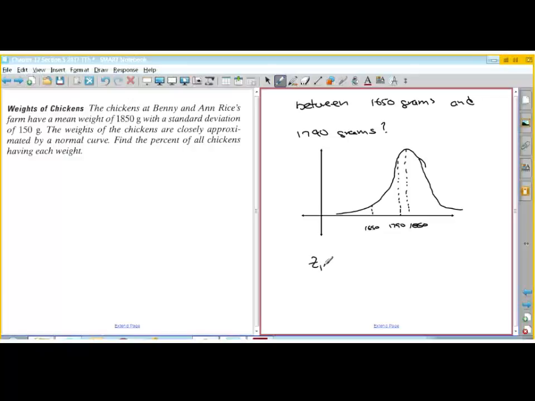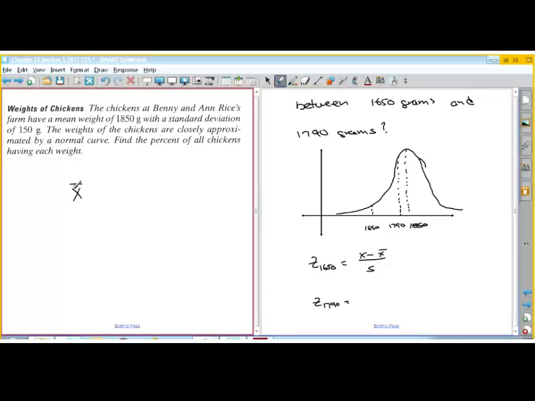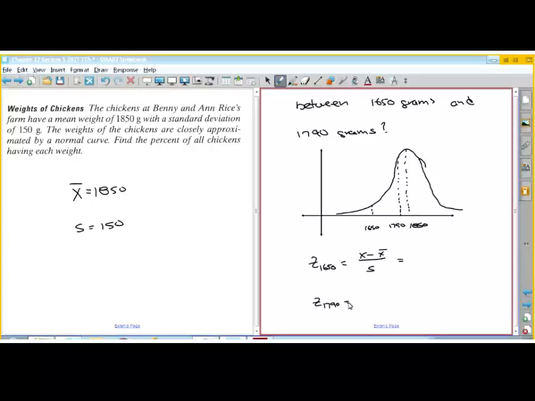So we're going to calculate the z-score associated with 1,650, and we're going to calculate the z-score associated with 1,790. And remember, that's going to be x minus the mean divided by the standard deviation. In this particular case, the mean is 1,850, and the standard deviation is 150. So go ahead and calculate the z-scores there. See what you get. They should be both negative.